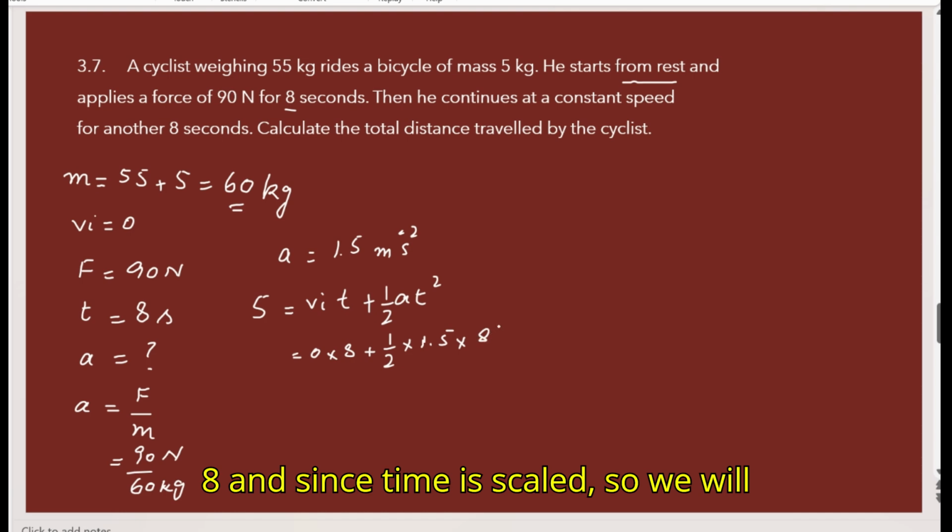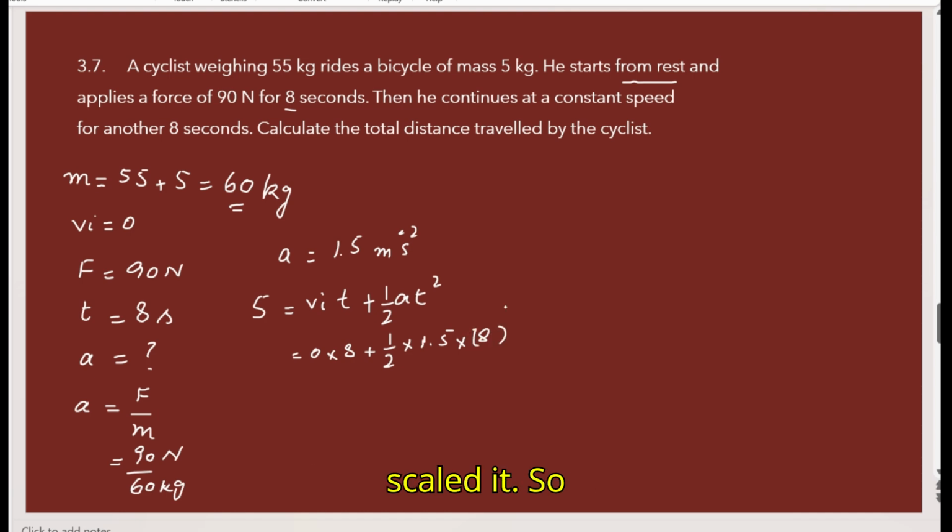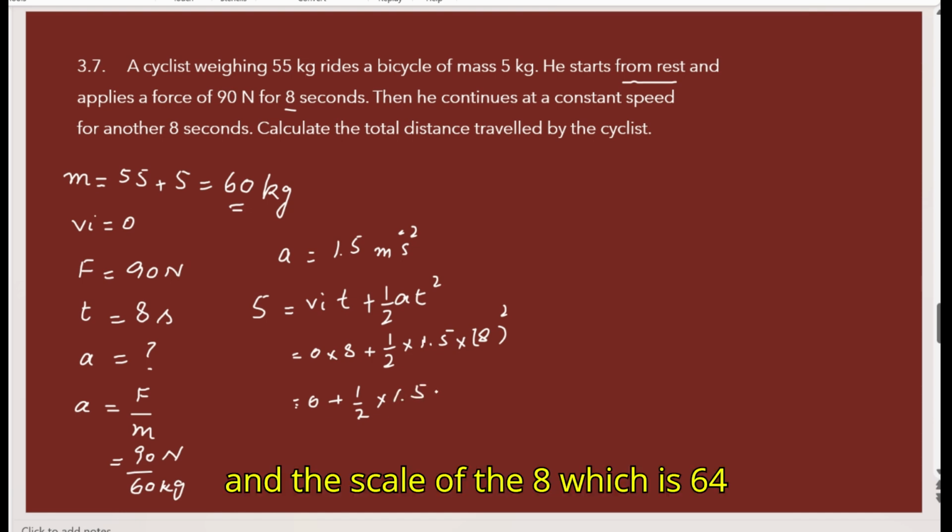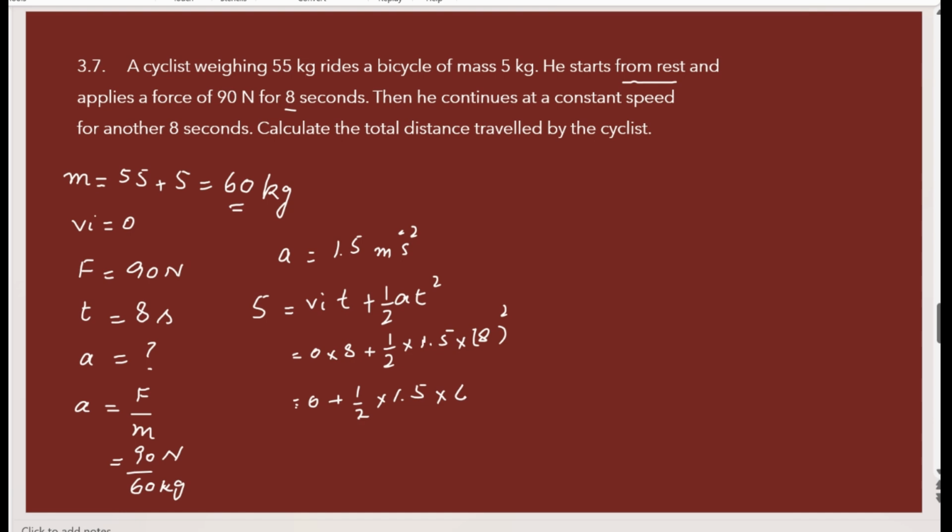And since time is squared, we will square 8. So 0 multiplied by 8 will give us 0, and plus 1 over 2 multiplied by 1.5, and the square of the 8, which is 64.